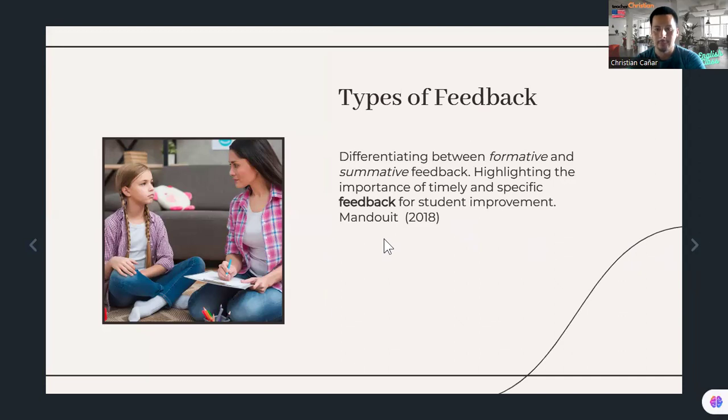Feedback. In the first part, as Monday 2018 said, there is the importance of timely and specific feedback for student improvement, right? Formative feedback is when we are in class, in real time, doing this kind of reinforcement.